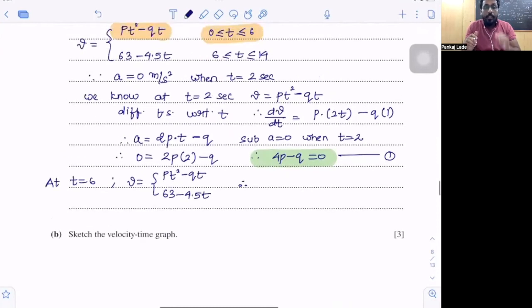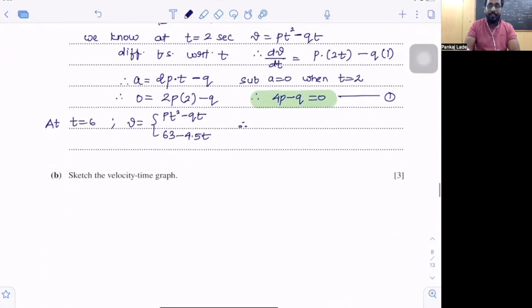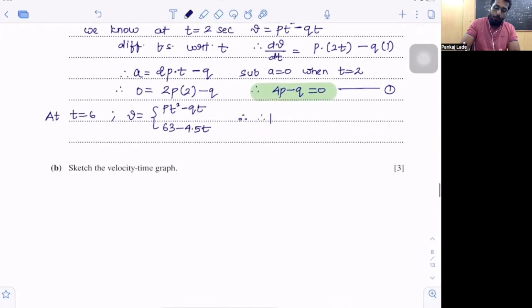So the first equation and the second equation, pt square minus qt and 63 minus 4.5t, both these equations at t equal to 6 will give exactly the same answers, right? So at t equal to 6, v is pt square minus qt and v is also 63 minus 4.5t. So I can write, therefore, p times 6 square minus q times 6 is equal to 63 minus 4.5 into 6.